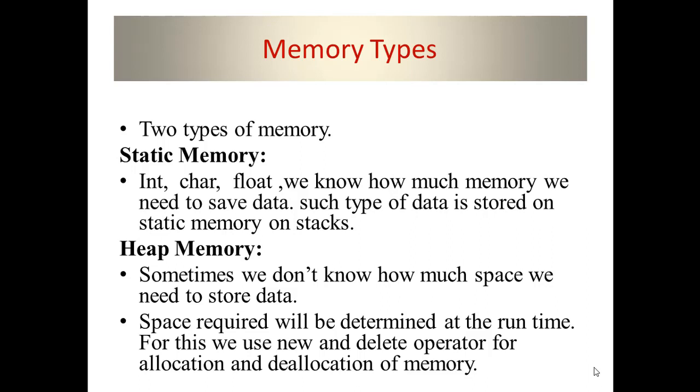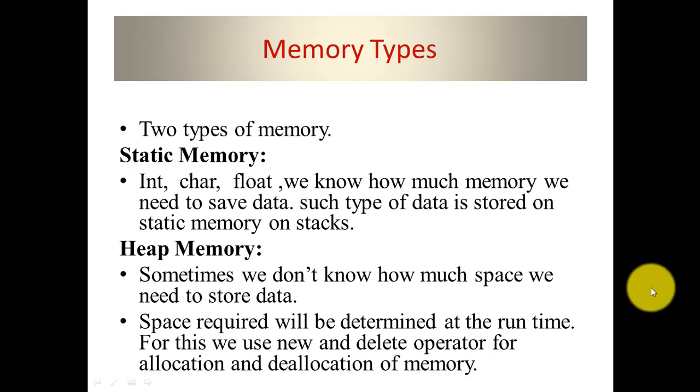If the user gives less information, then it needs less space in memory. If the user provides lengthy information according to the operations, then it requires more space in memory. So the space allocation will be determined at runtime. For this, we use the new operator and delete operator for allocation and deallocation of memory.